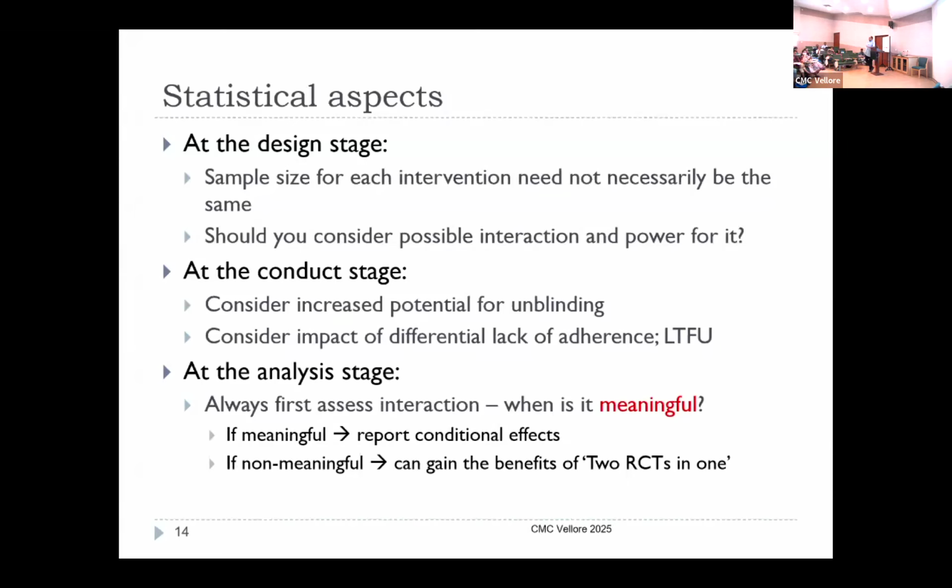Because if you had not been able to recruit enough people, you would not have enough power to say it is statistically significant, even if you have a meaningful interaction. And just because you don't have a statistically significant interaction doesn't mean you don't have a meaningful one. That's the risk, that people say, oh, it's not significant, I don't have to worry about it.